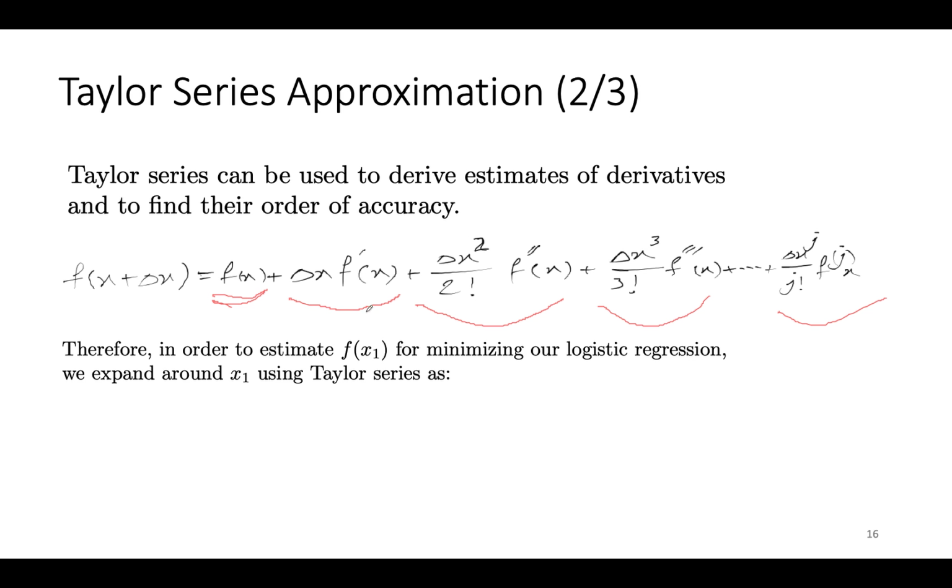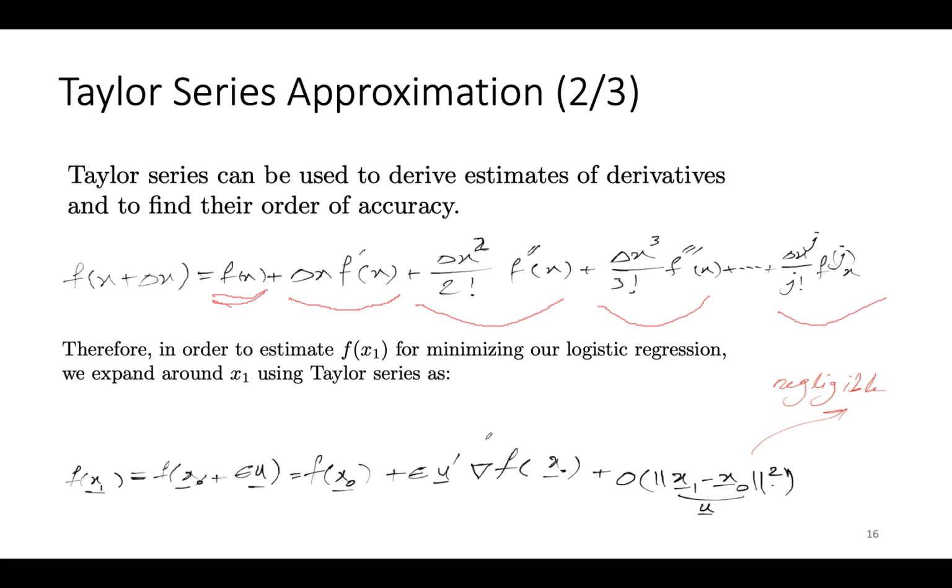So, in the case of logistic regression, in order to estimate your f of x1, what we can do is x1 is equal to x0 plus that delta that the unit vector of u and the step size brought us here.